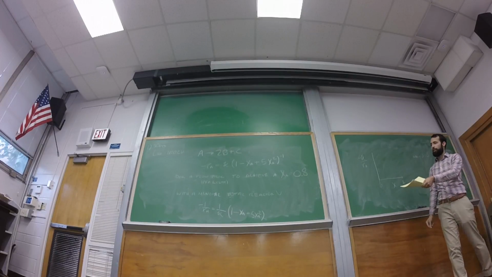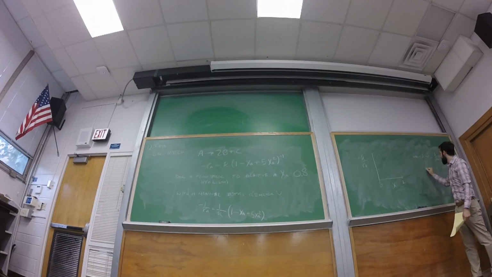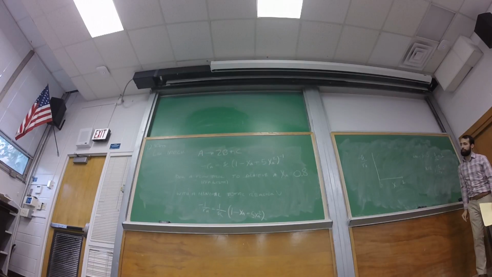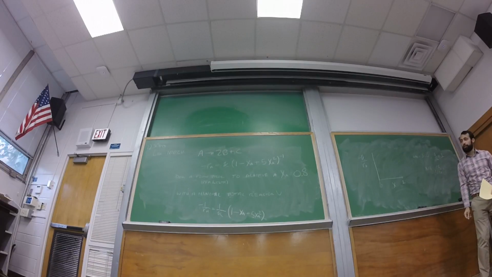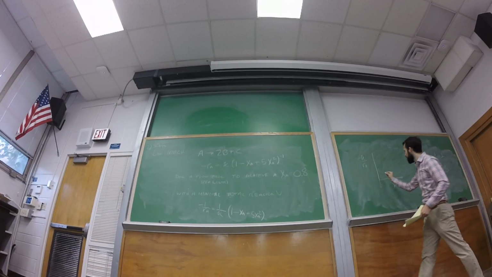Right, 1 minus 0 minus 0 plus 0. And when x is equal to 1, (1 minus 1 plus 5). So 5. All right, well that's a start.